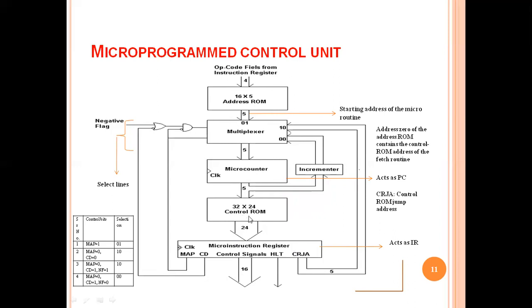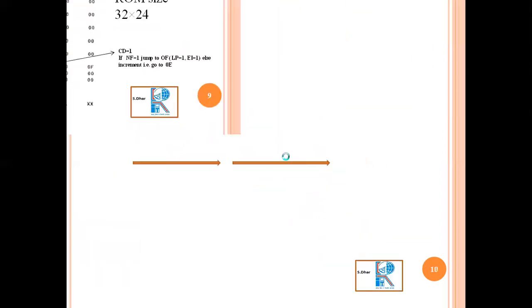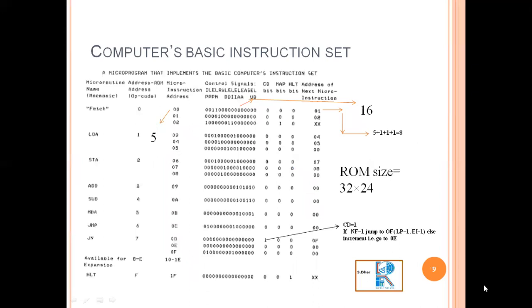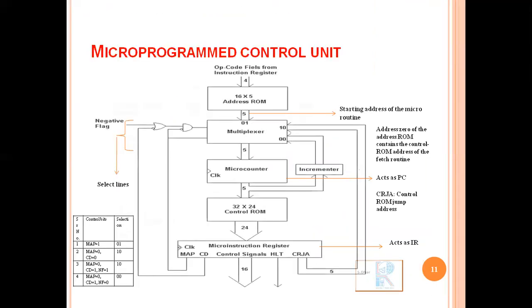First is the 32 into 24 bit ROM. This is the control ROM where all the control signals are stored, as in the previous figure. This is the original ROM where all the microinstructions are stored along with their next address, CD, and MAP.